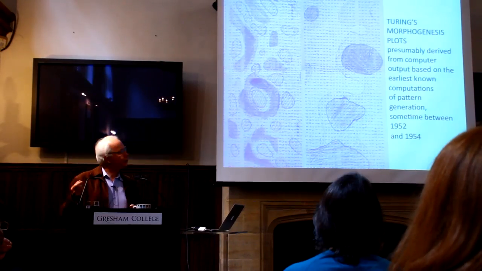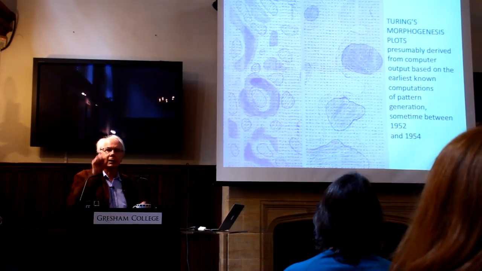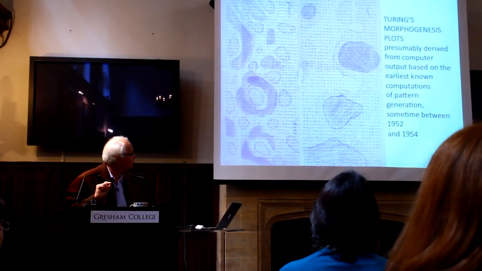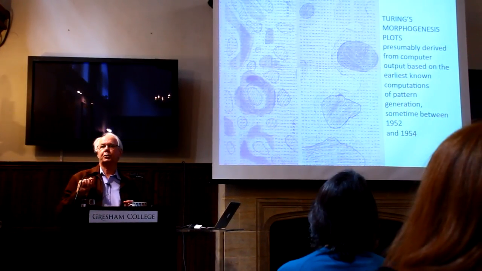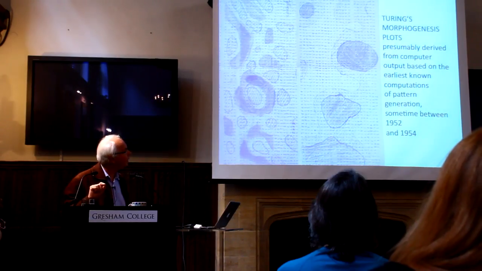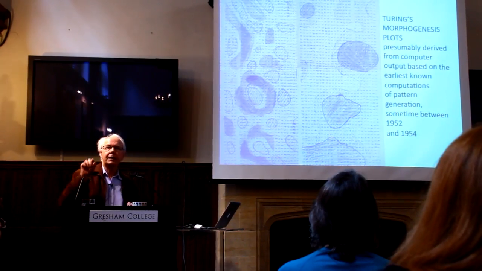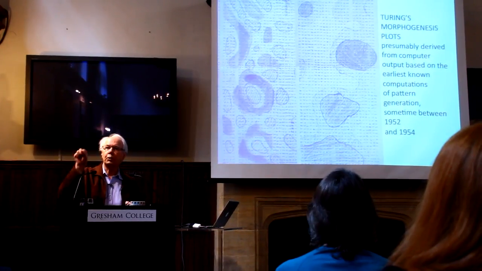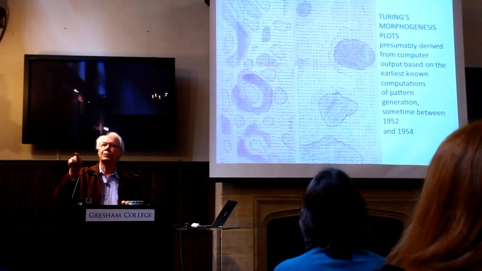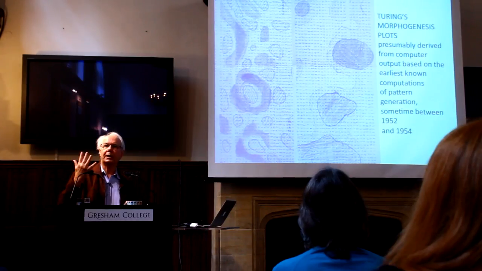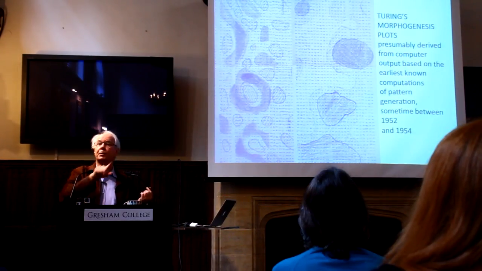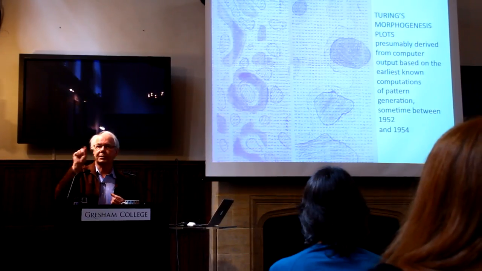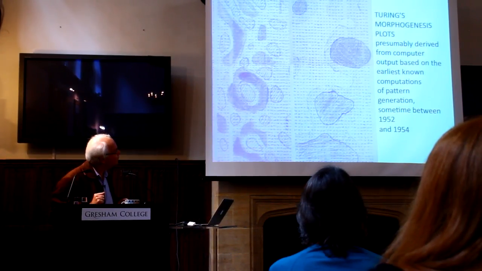It's based on computer output, because if you look very closely at the little dots, they're actually numbers in, I believe, hexadecimal notation, which is what computers were using. He's clearly copied out all the numbers by hand and drawn contour lines through places where the numbers are all the same. The sort of way you get on a weather map, you have these lines where the pressure is all the same. Imagine doing that by hand on a grid which just has the numbers for the pressure. Well, this is what he's done.